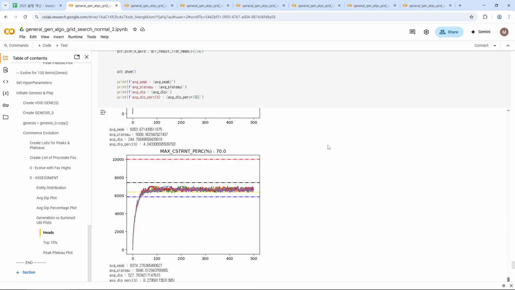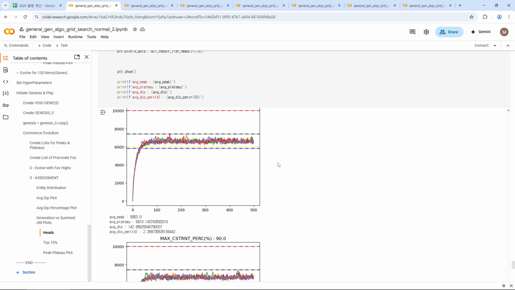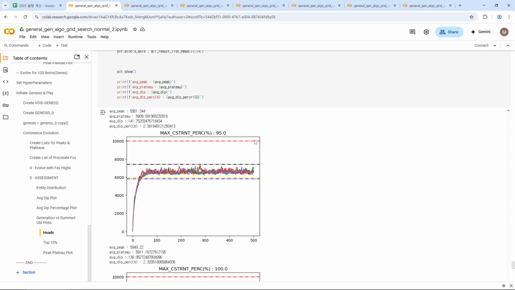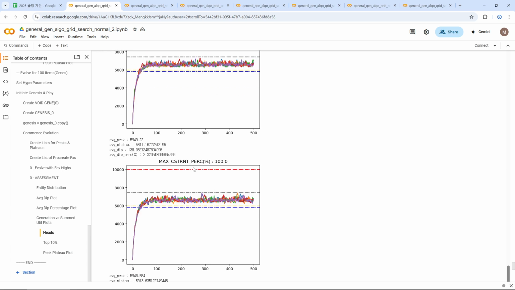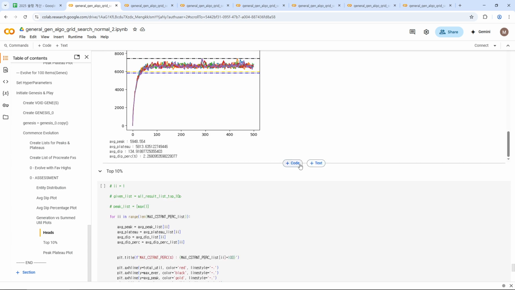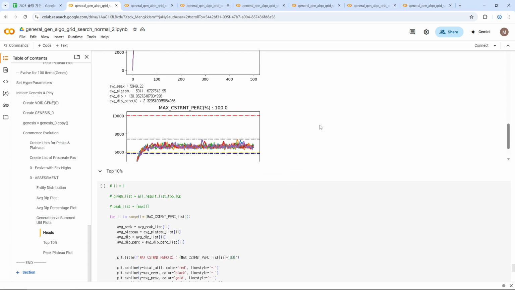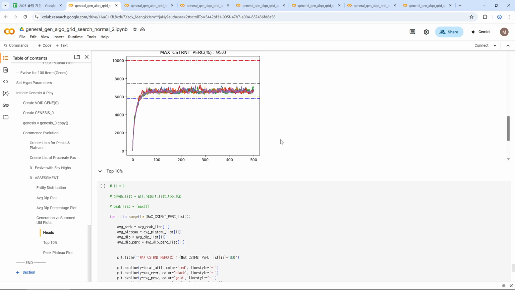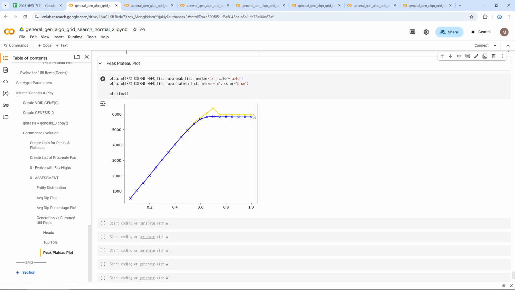So when it actually did happen at 90 and 95, was it? And maybe at 100 too. These were just luck, because the plateau just stayed the same. Okay. So next one.